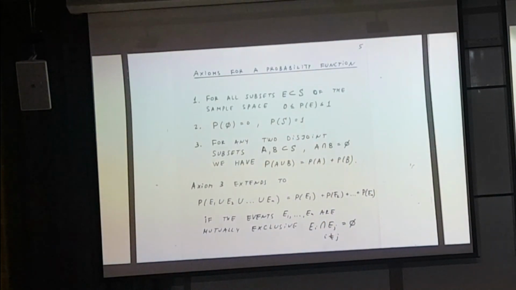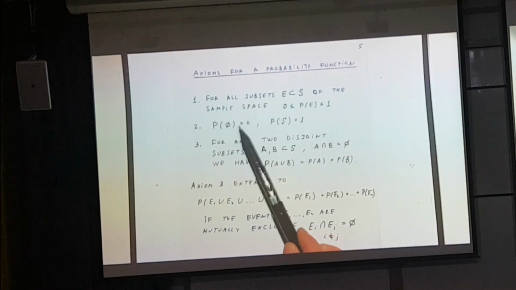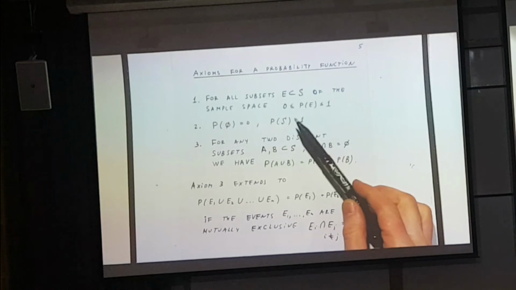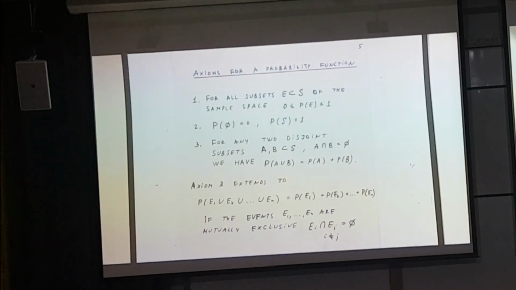The second axiom says that the empty set has probability 0. Something always happens; empty set means nothing happened at all. And the probability of the entire sample space is equal to 1, because we assume that all possible outcomes are in the sample space. Whatever happened, it will be a point in S, so the probability for the entire S is 1.